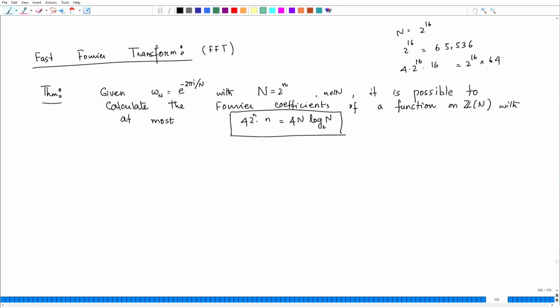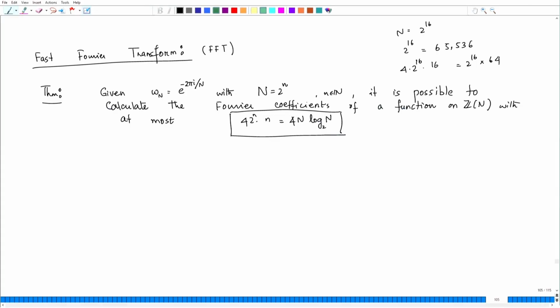So, instead of that many steps, if we just do matrix multiplication with the f and find all the Fourier coefficients, this is a very clever and efficient trick which actually makes the computation possible.